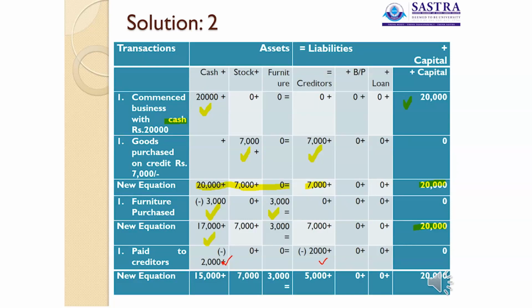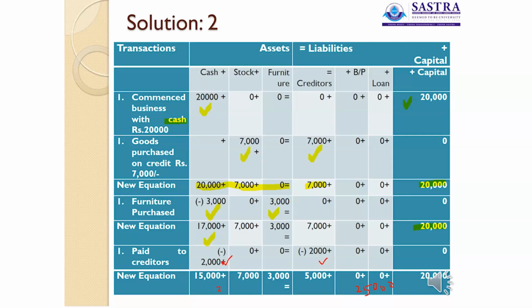So here is a decrease in the value of assets and a decrease in the value of liabilities. So 17,000 minus 2,000, 15,000. Here 7,000 minus 2,000, 5,000. Here 20,000. So now the accounting equation is 25,000 on the liability side, 15,000 plus 10,000, 25,000.